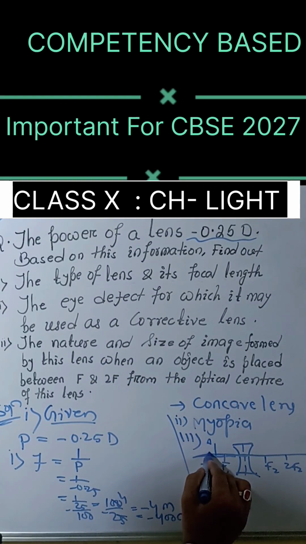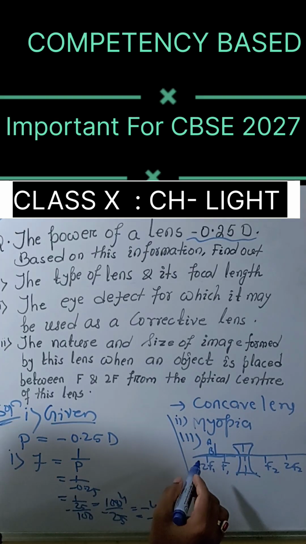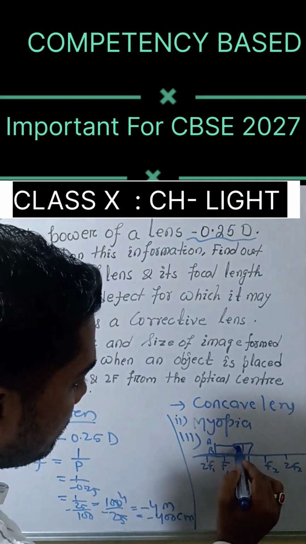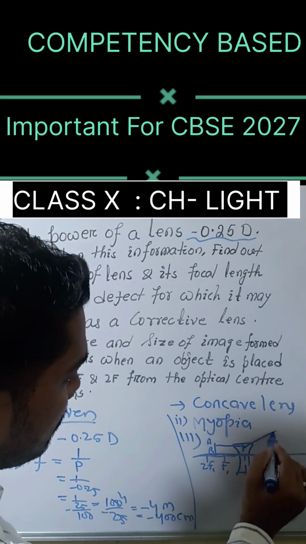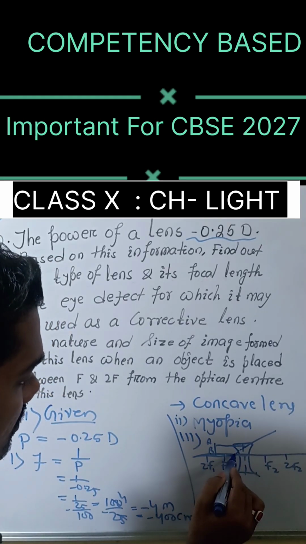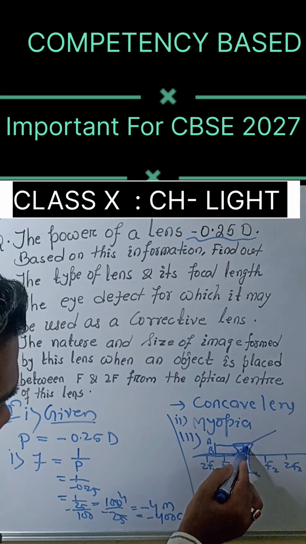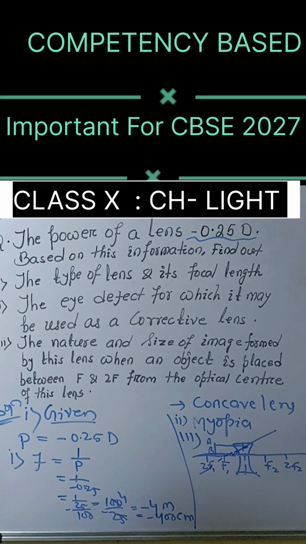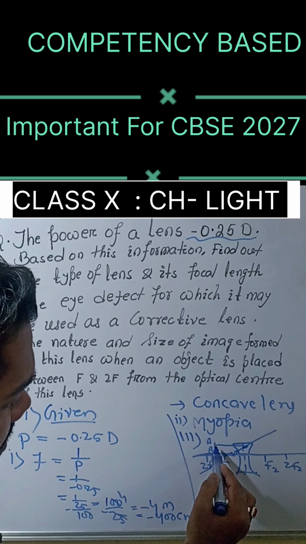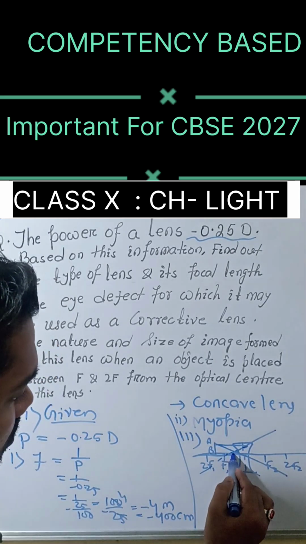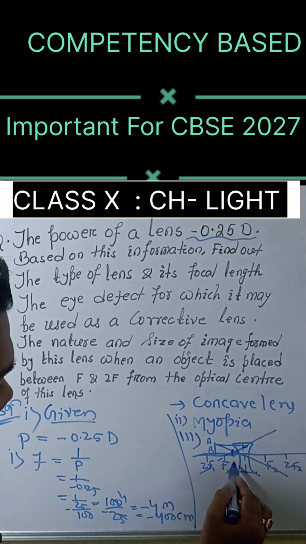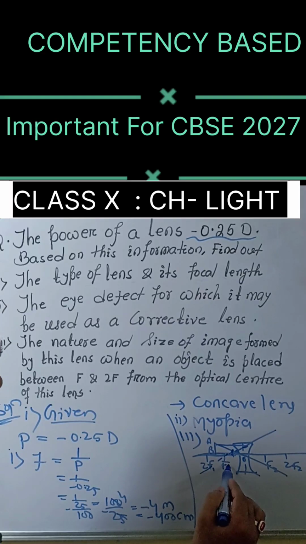The object name is, suppose, AB. If you draw the ray diagram, a ray coming parallel to the principal axis, after refraction it will appear to come from the principal focus, yes or no? And another ray of light, if you draw it through the optical center, it will pass without deviation. Both refracted rays of light appear to meet between the optical center and the principal focus.